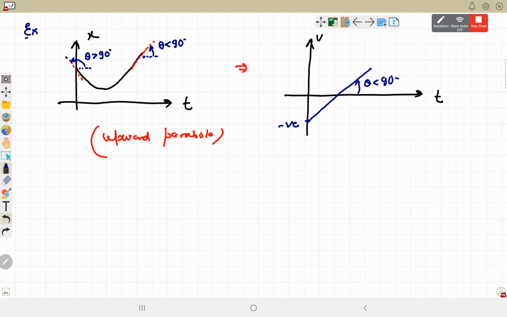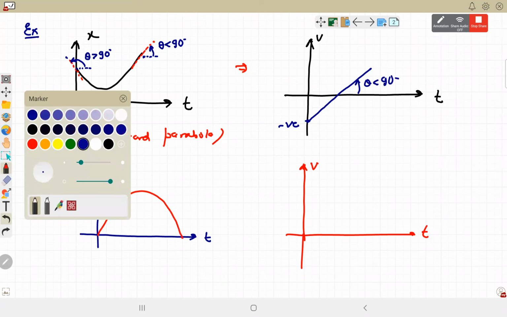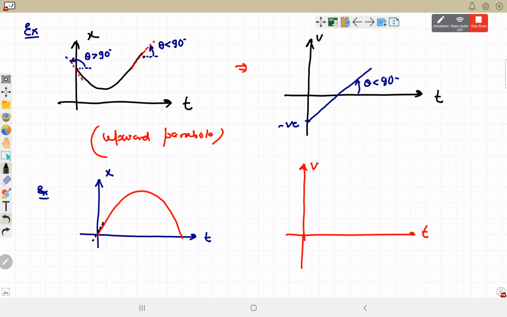If this would have been a downward parabola, it will be a negative slope line. But again, we have to decide the initial velocity and final velocity with the help of the slope of the tangent. Suppose this is a downward parabola. At the initial point, when you draw a tangent, the slope of the tangent will be positive.